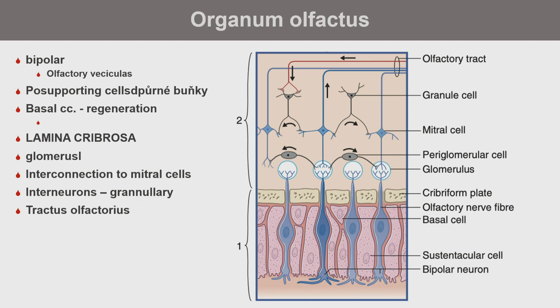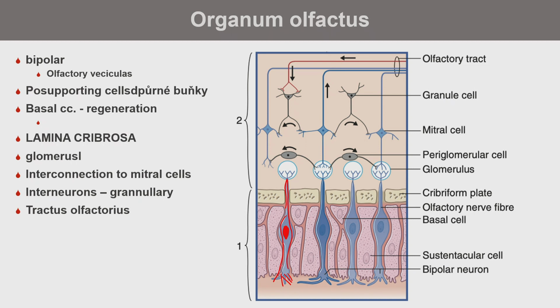So, organum olfactus: the structure of this primitive sensoric organ, the most primitive, is a bipolar cell. The bipolar cell has some hairy structures which are called olfactory vesiculas. They protrude into the air content of the upper part of the nasal cavity, and the bipolar neuron has a nucleus and a body in the olfactory mucosa, which is made also by sustentacular cells.